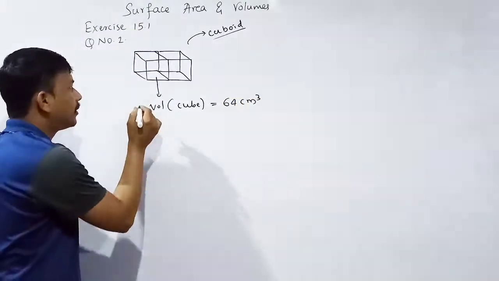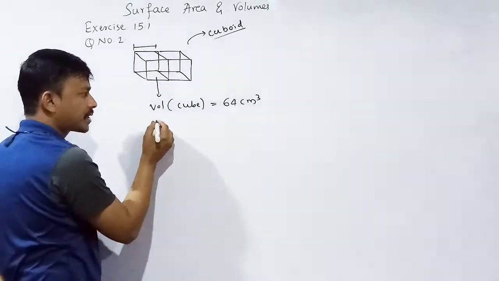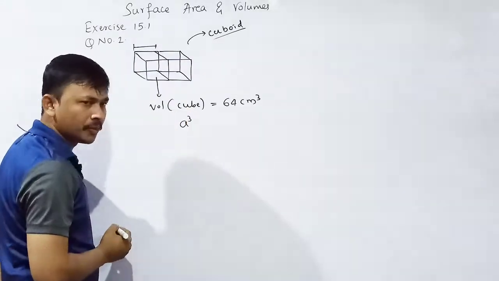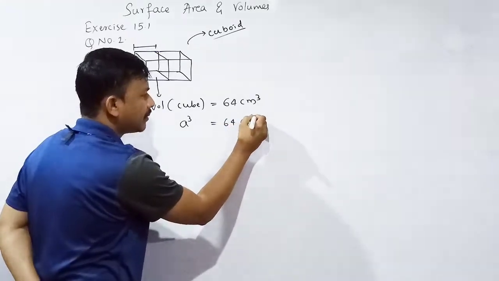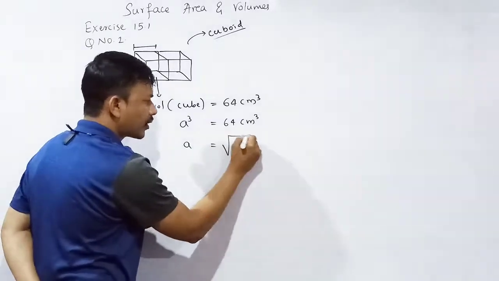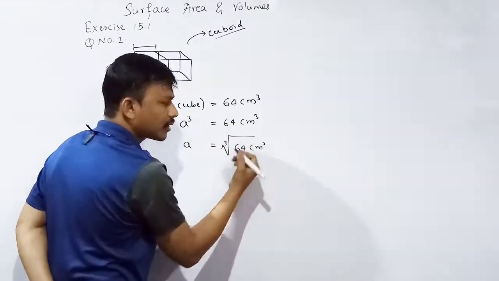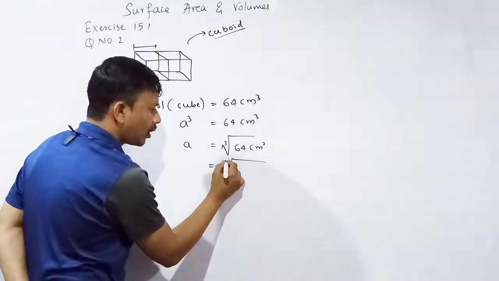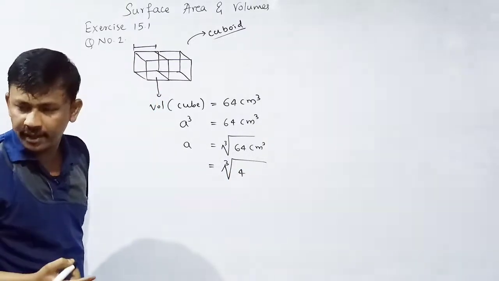We need to find out the edge of the first cube. What is the formula for the volume of a cube? A cube is the volume, where A is the side. A cube is equal to 64 centimeter cube. Therefore, A is equal to the cube root of 64 centimeter cube. 4 fours are 16, 16 fours are 64.